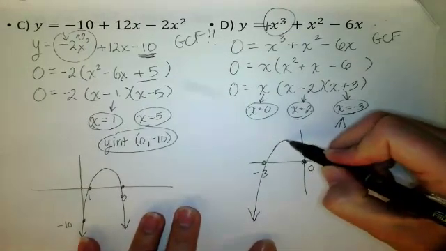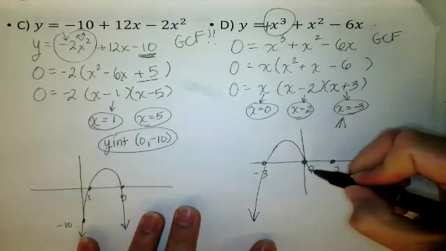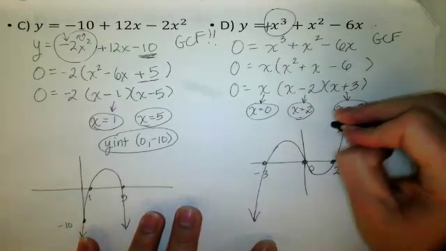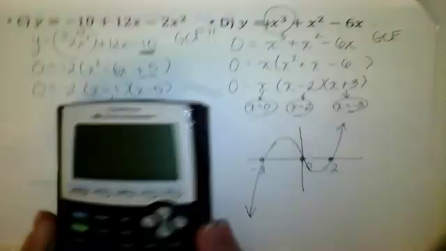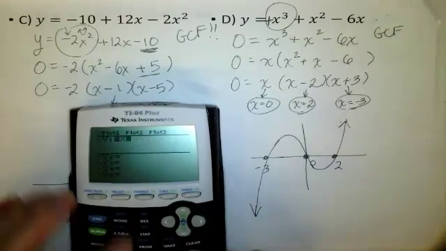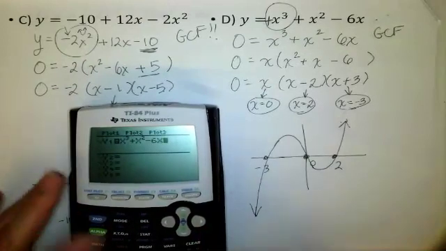It has to turn around to pass through this one. And then it turns again, it is a roller coaster, to pass through the 2. All right, so we can check this on y equals x cubed plus x squared minus 6x.